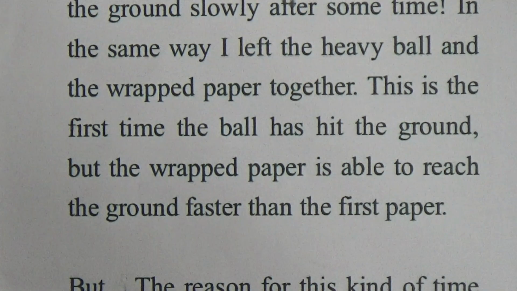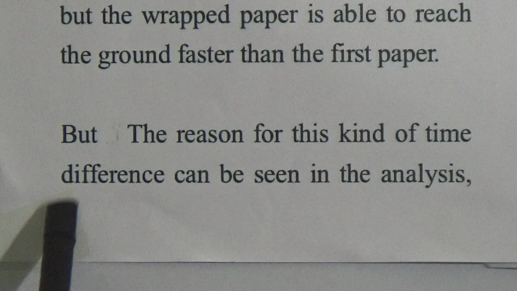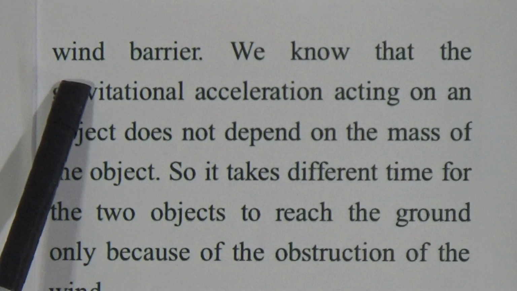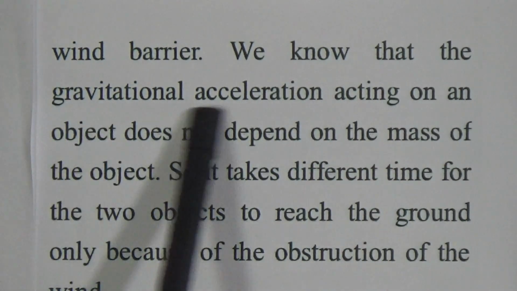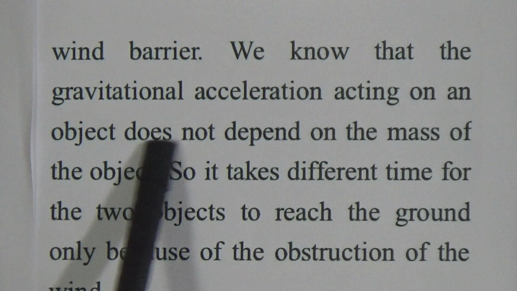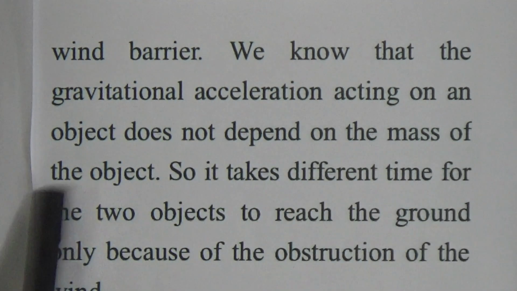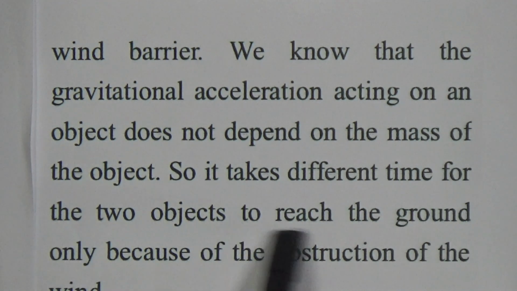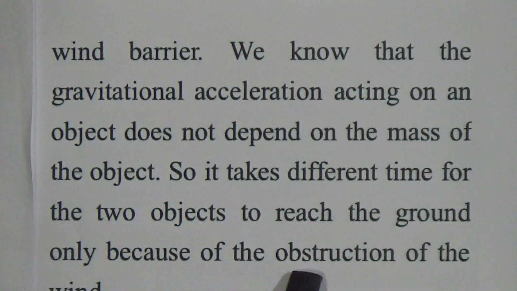The reason for this time difference, when analyzed, is wind resistance. We know that the gravitational acceleration acting on an object does not depend on the mass of that object. So it takes different times for the 2 objects to reach the ground only because of the obstruction of the wind.